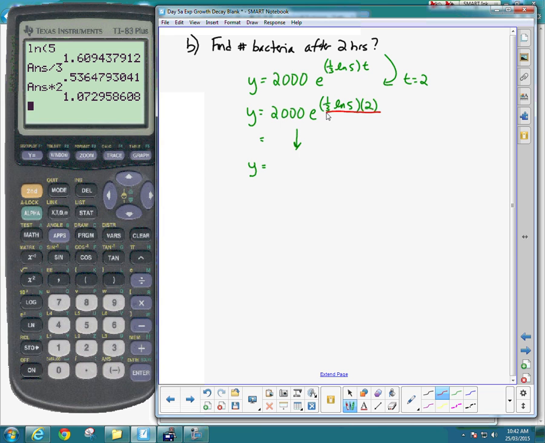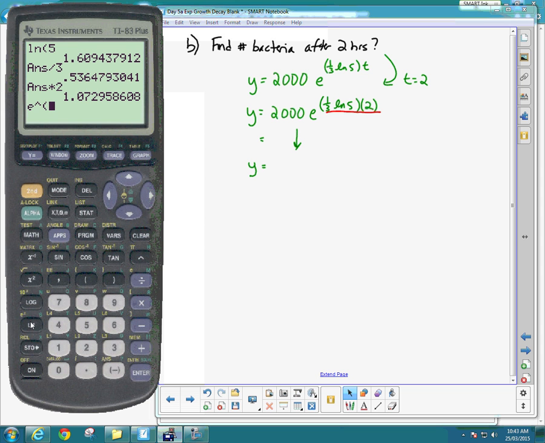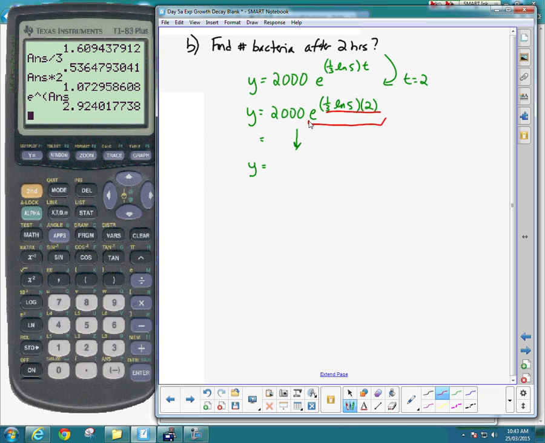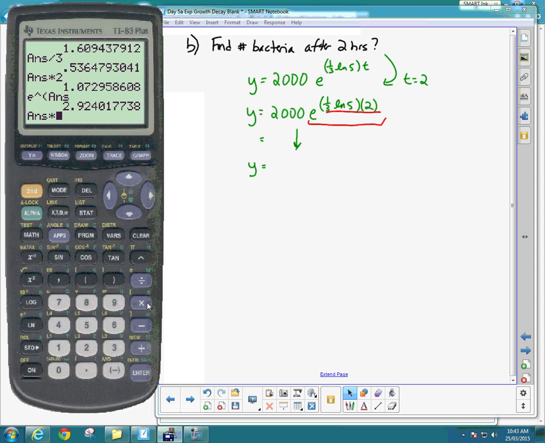So now it's e to that exponent. On some calculators, you can just push the e to the x button and it will do that. For me, I have to type the e to the x and then type in that whole long answer. Instead, I'm going to use my answer button. So it's e to the power of that, 2.92. That now gives me all of this. And I just have to multiply it by 2,000.